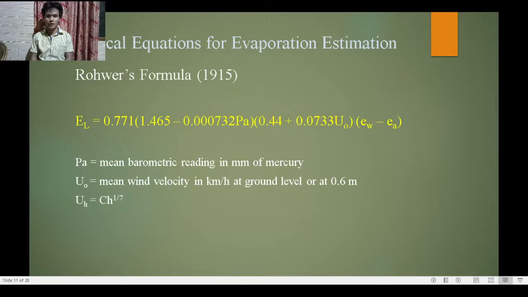So barometric pressure is also equal to 1 atm or 1 atmospheric pressure. So U sub O is the mean wind velocity in kilometers per hour at ground level, or 0.6 meters.